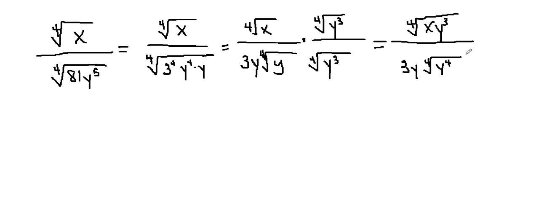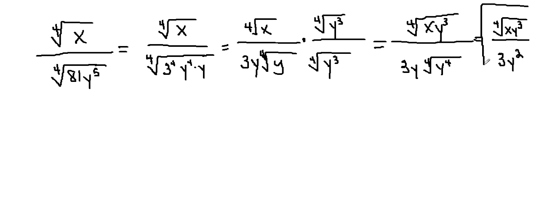Alright, so now that's looking much better, and now I can write my final answer as the fourth root of xy cubed divided by, and now I can simplify this, 3y squared, because the fourth root of y to the fourth is y, a perfect fourth root. So that just becomes y multiplied by this y to give y squared. So this is our solution here.